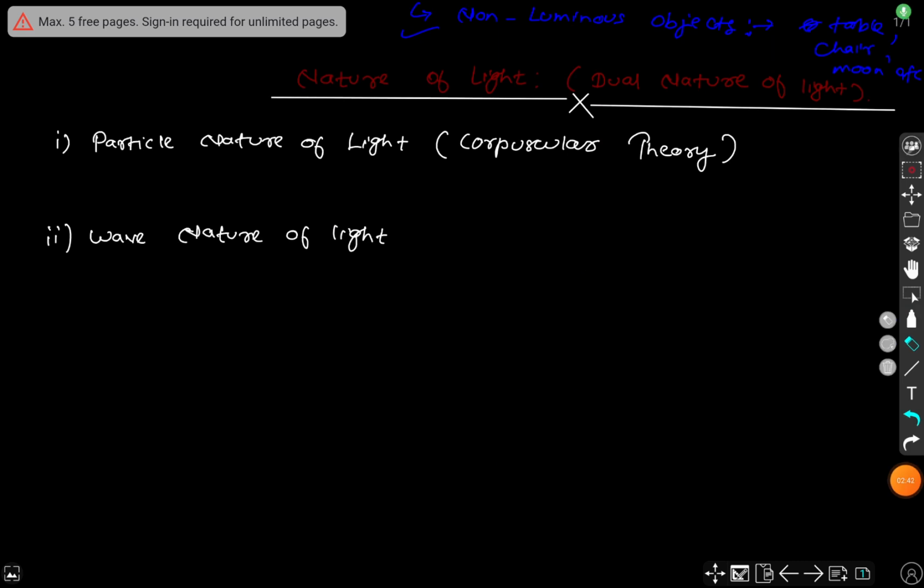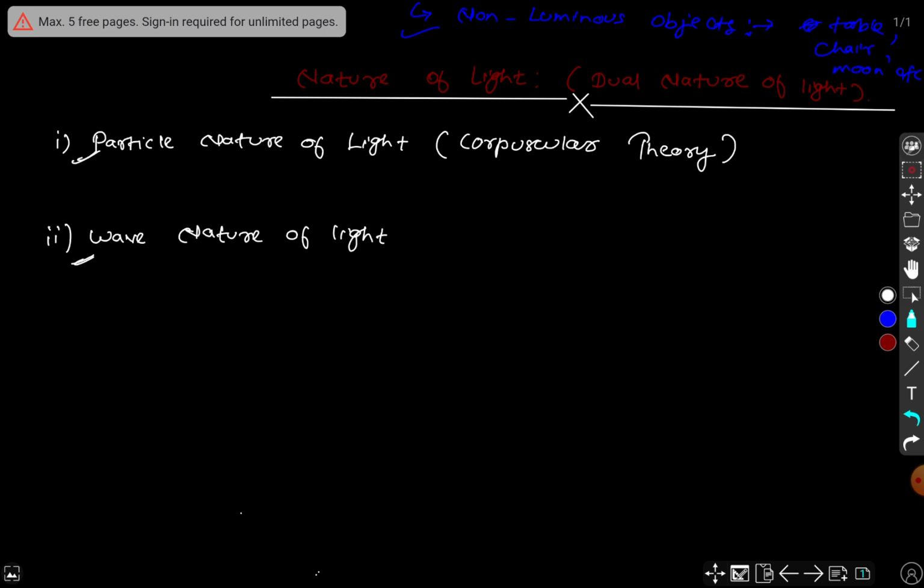Now, having discussed the types and the sources of light, let's study the nature of light, or dual nature of light. So what does dual nature of light mean? Dual nature of light means that light shows two natures, that is particle nature and wave nature.